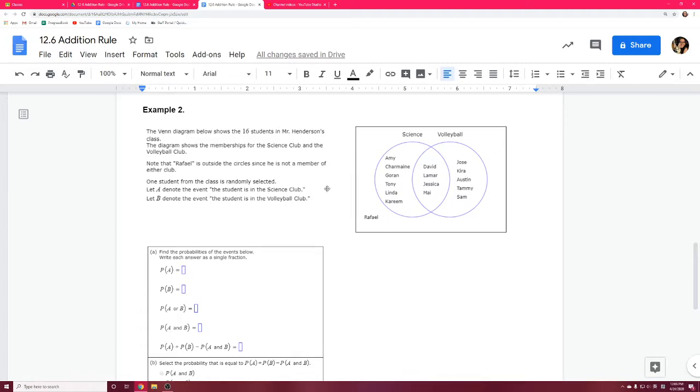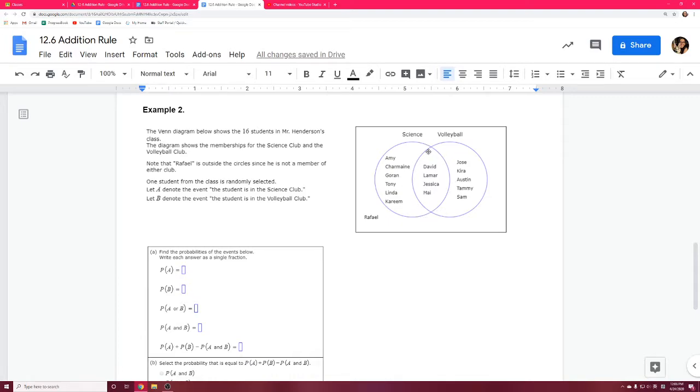Note that Raphael is outside the circle since he's not a member of either club. So before we get started with the real question, let's look at the Venn diagram first. Science club is everybody in this circle, which is Amy, Charmaine, and Linda, everything over here and everything in the middle. So everybody in this circle is in the science club. And the same thing, everybody in this circle is in the volleyball club.